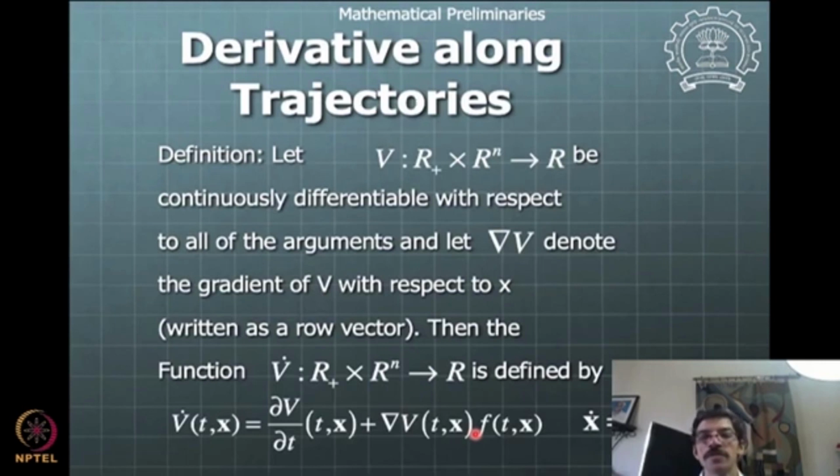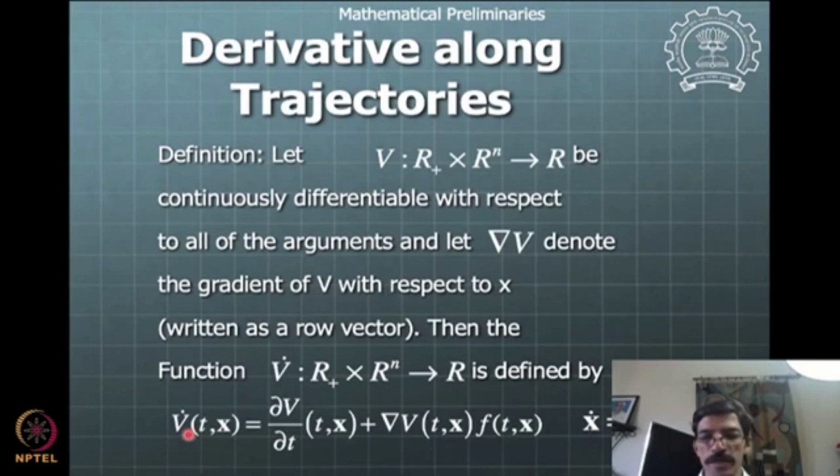Since V is a function of this vector in R^n space, this derivative is a directional derivative, and we are taking it in the direction given by the trajectories of your system. The system is defined as x dot equals f of t comma x. Because we substitute that x dot here, we get this derivative along the trajectories of the system for this function.